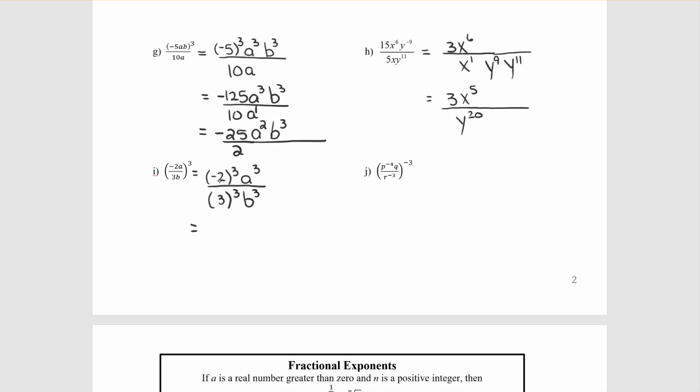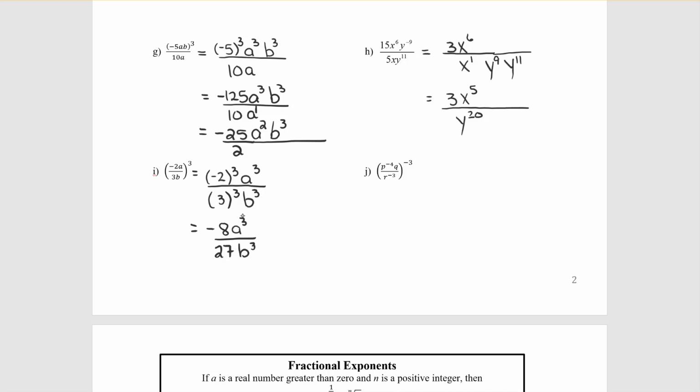So in simplifying this, negative 2 to the 3rd is negative 8, a to the positive 3 exponent, 3 to the 3rd, 27, that's 3 times 3 times 3, and then b to the 3rd.